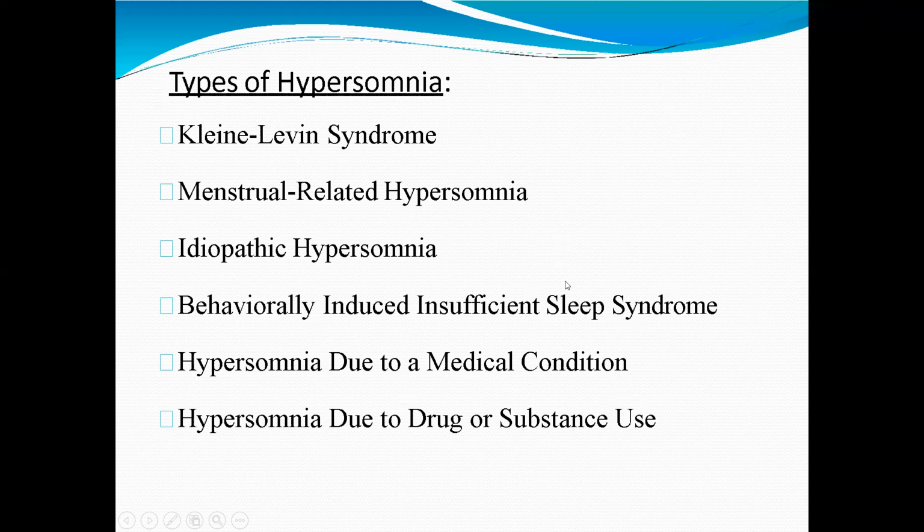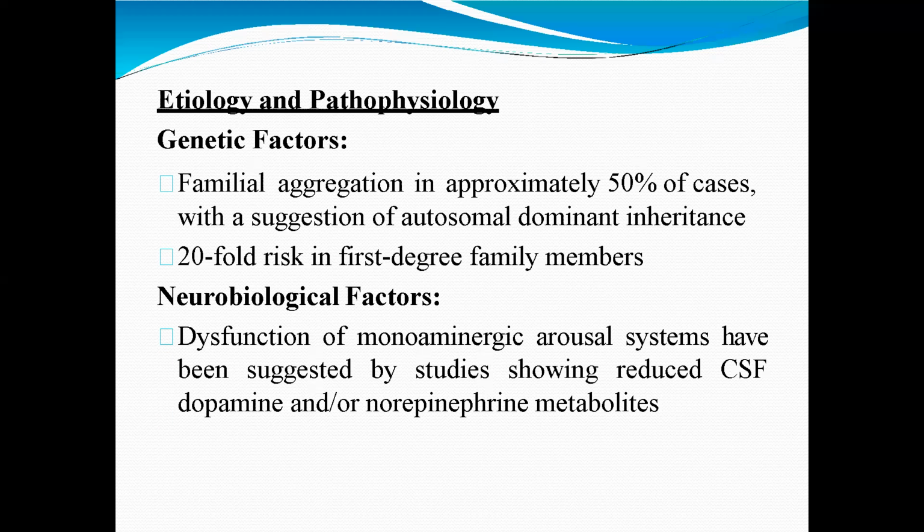And also hypersomnia due to drug or substance use, the drug induced hypersomnia. Again, this is also genetically influenced. Almost 50% of cases have familial predisposition, suggesting autosomal dominant inheritance, and also a 24-fold risk in first degree family members.